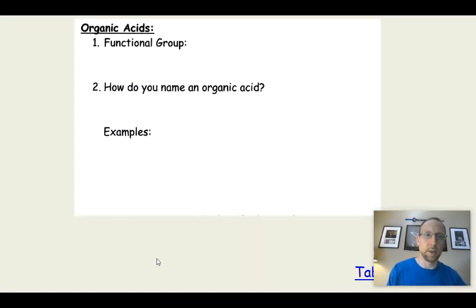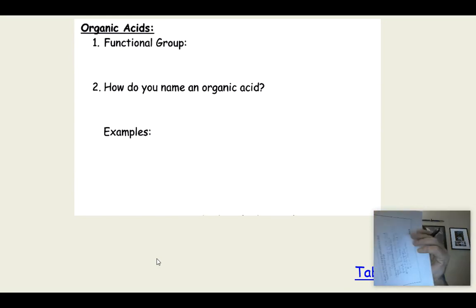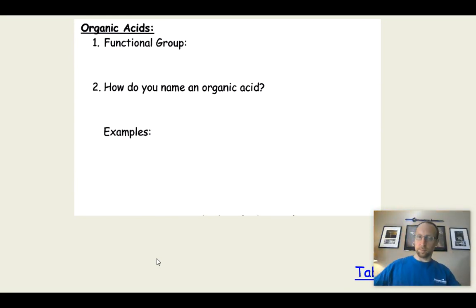So next up, the organic acids. So my functional group here is, we have a C double O, just like in the aldehydes and the ketones, but we also have an OH. So this is a carbonyl group and a hydroxyl group kind of combined.